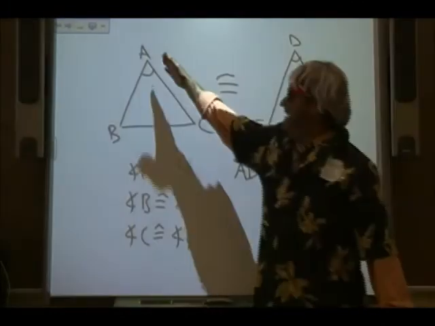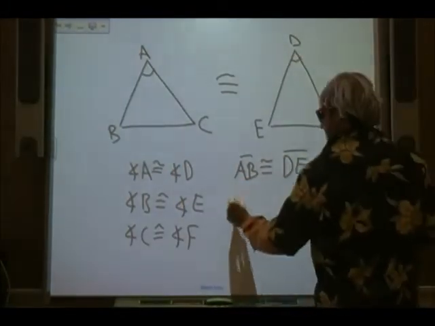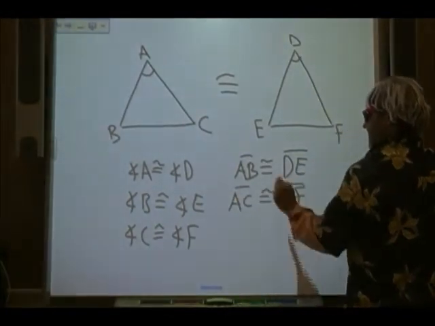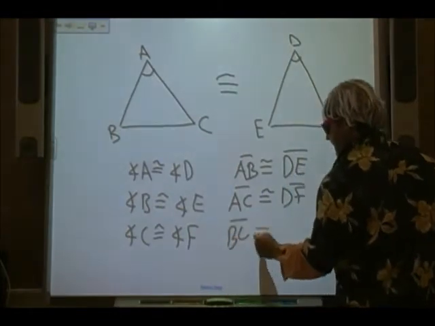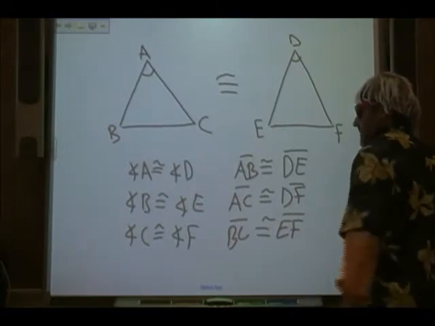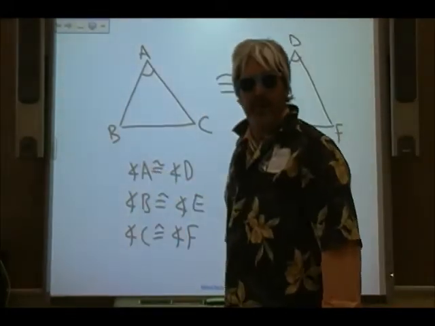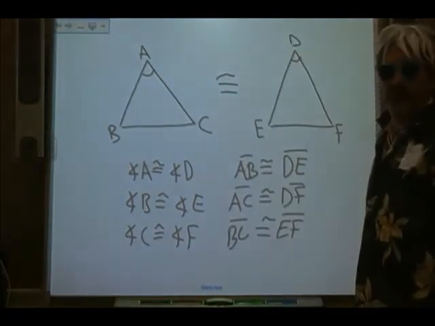And AC is congruent to DF. And BC finally is congruent to EF. These are the same. So there are three pairs of corresponding angles, three pairs of corresponding sides.